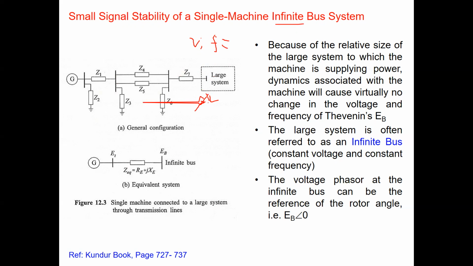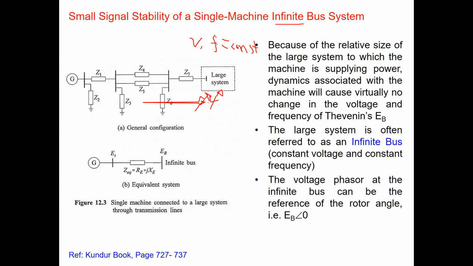Whatever the changes you have in the generation side and whatever the changes you have in the load side, if you have generation change, if you have load change, but the system quantities, the system variables, the voltage and frequency, are constant, then it is an infinite bus system.